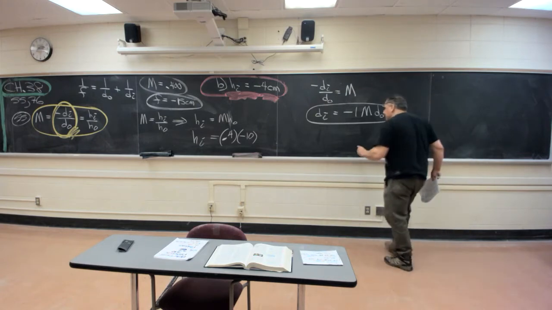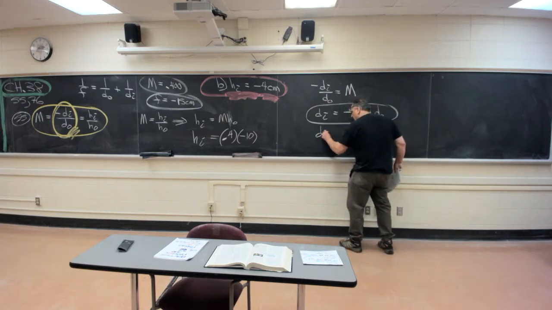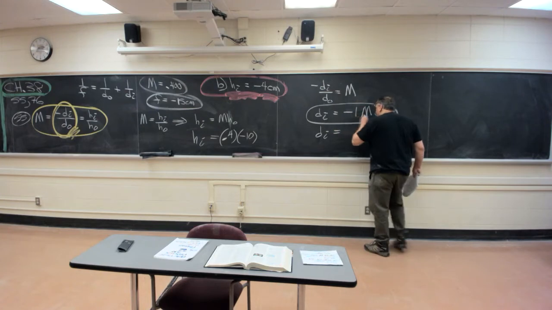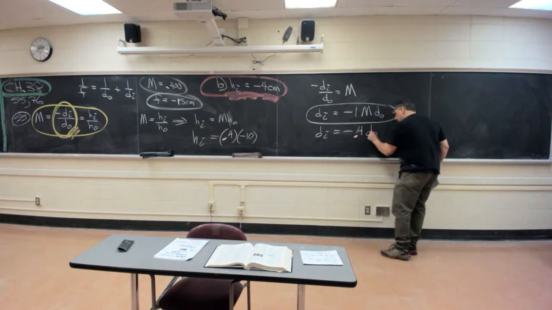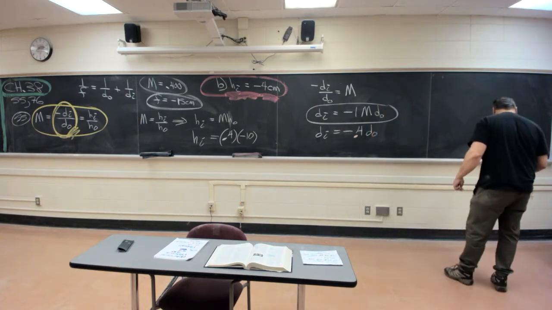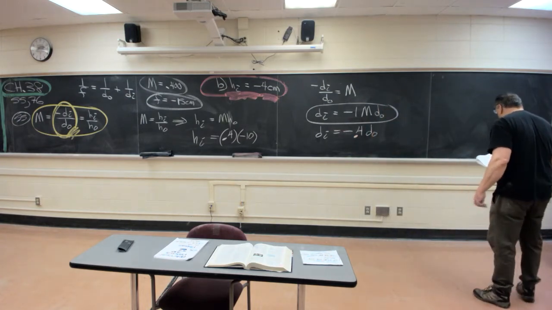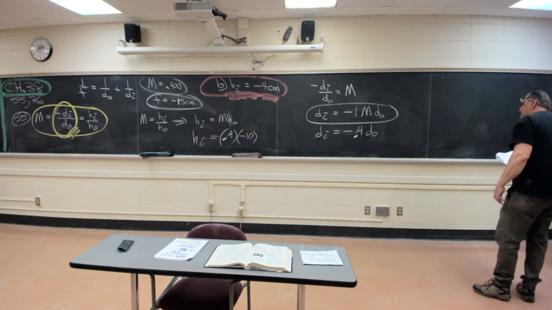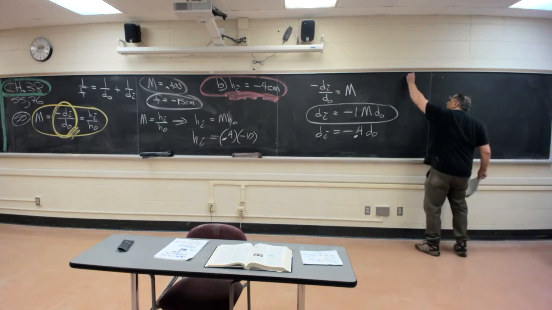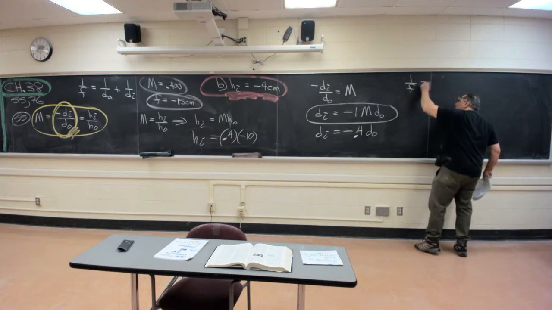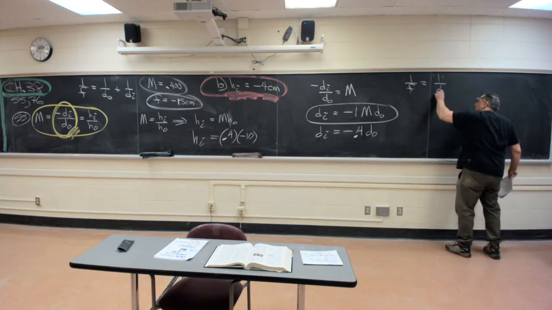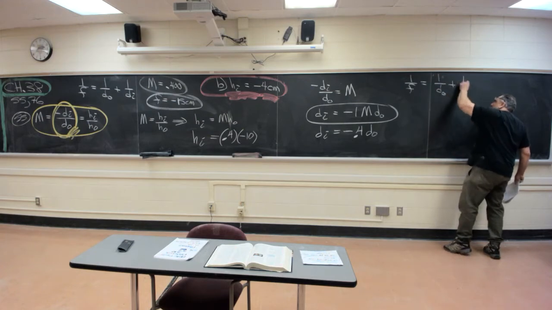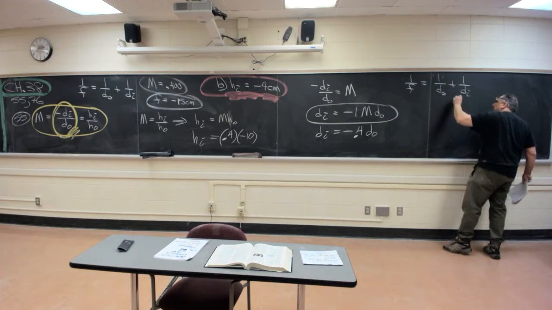Well, we know that di is negative 1 times positive 0.4 do. We also know 1 over f equals 1 over do plus 1 over di.